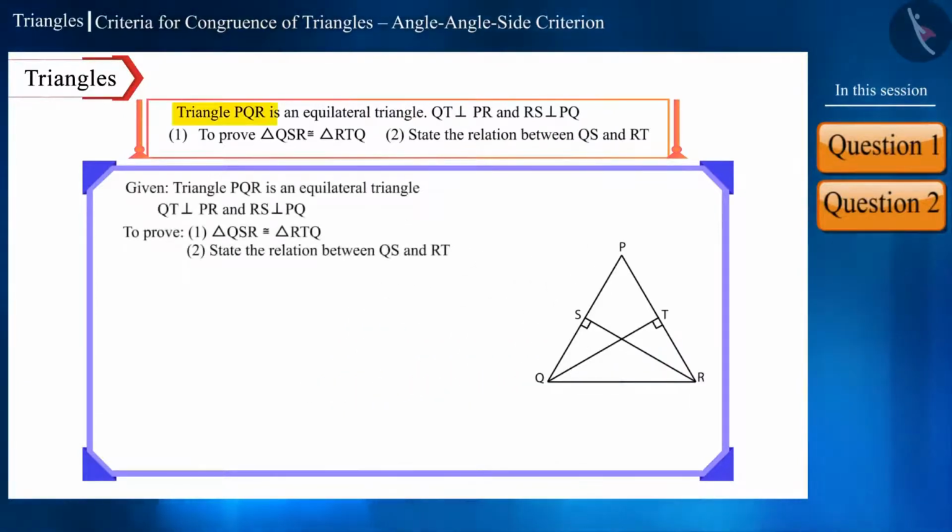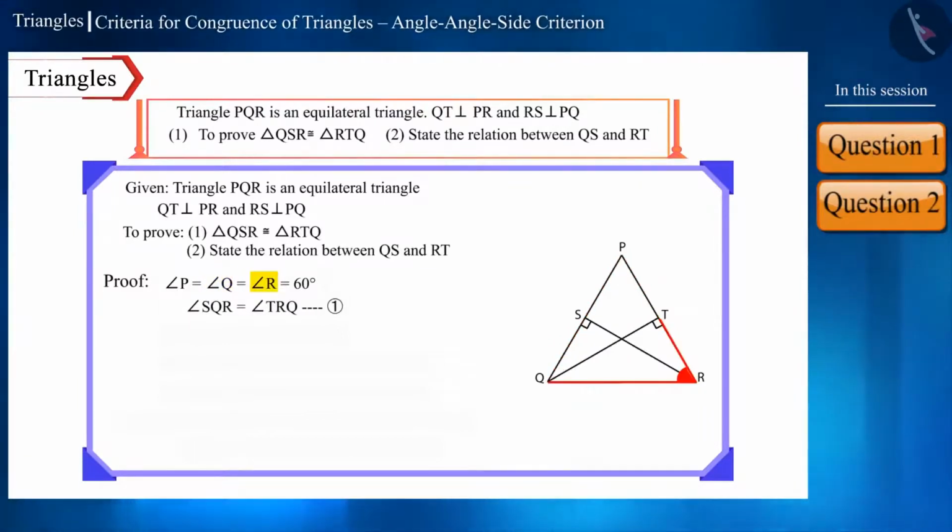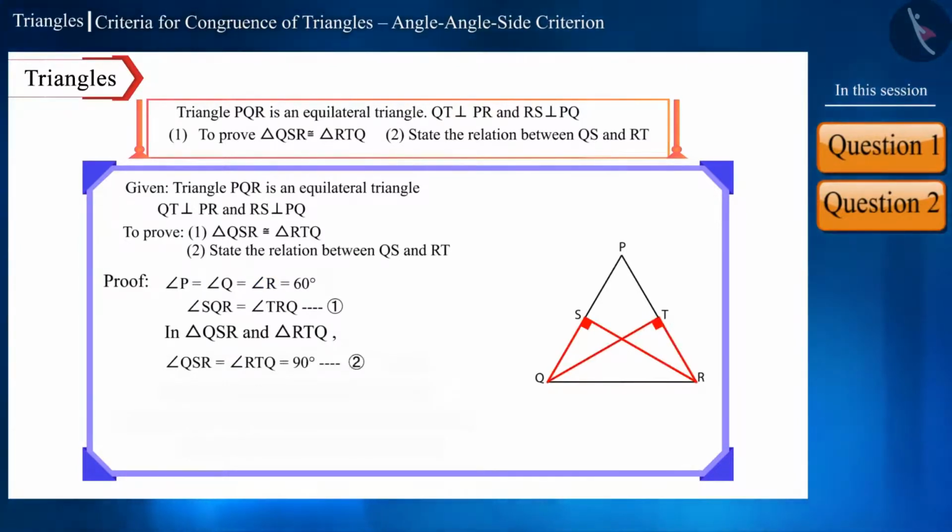We are given that triangle PQR is an equilateral triangle. That is, all its angles will be equal. We can also write angle Q as angle SQR and angle R as angle TRQ. Now, in triangles QSR and RTQ, angle QSR and angle RTQ will be equal because these are right angles, and side QR is the common side.